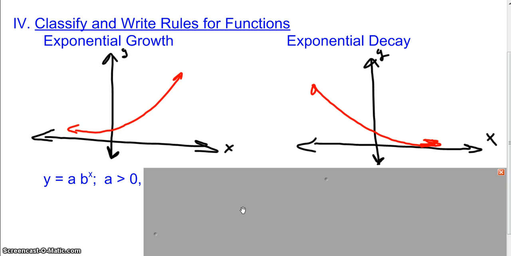And then what about the B value? For growth, you just saw that in those tables. All the B's for growth have to be values that are what, Matthew? B values must be greater than 1.